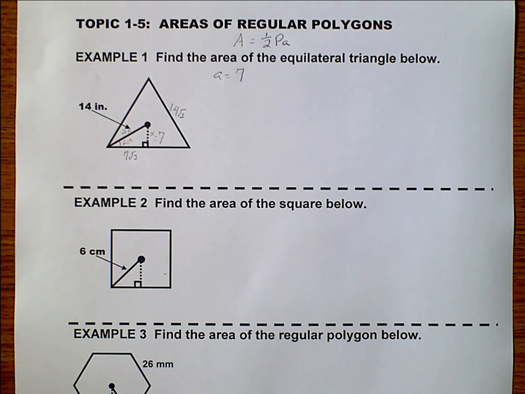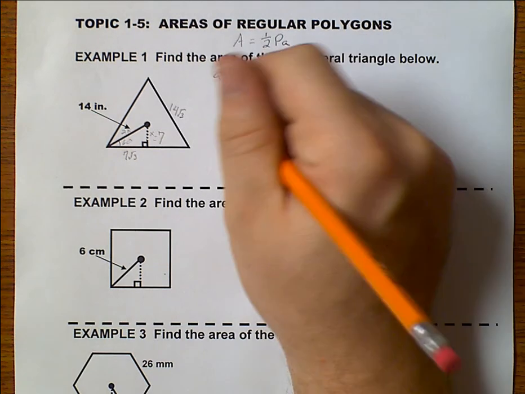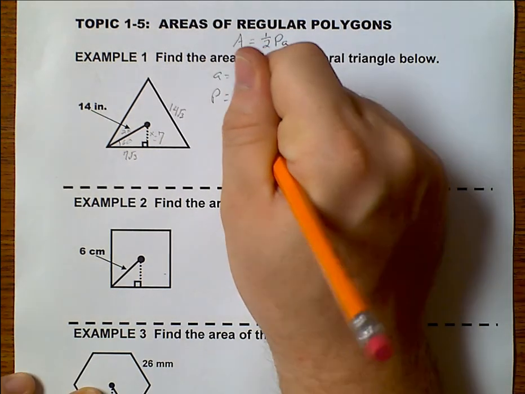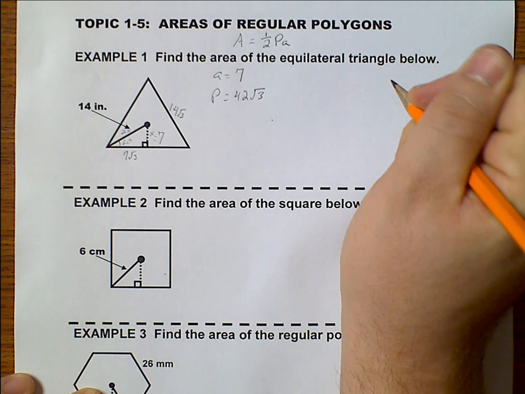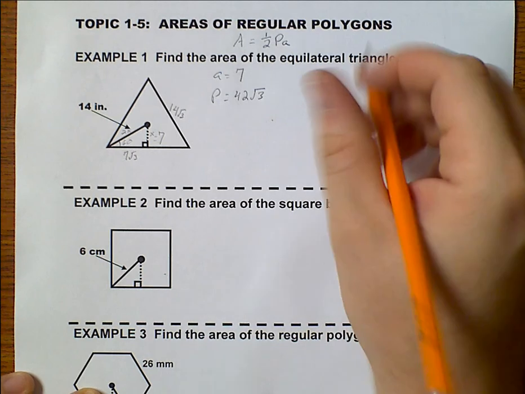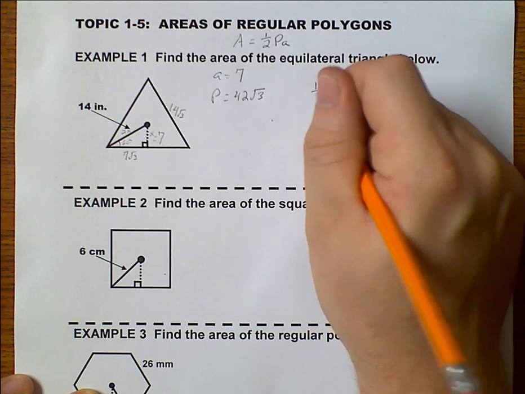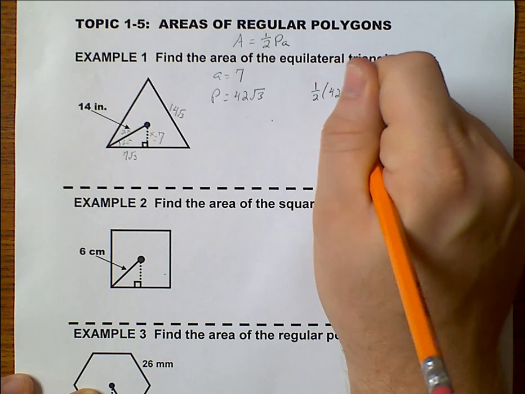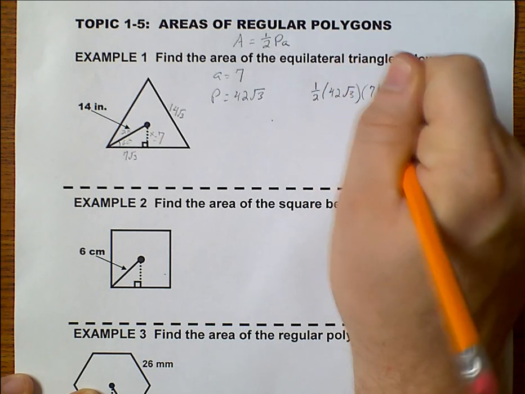And my perimeter would be 3 times that. So 14 times 3 gives me a perimeter of 42 on the square root of 3. And so now, of course, I need to do 1/2 times 42 on the square root of 3 times 7.